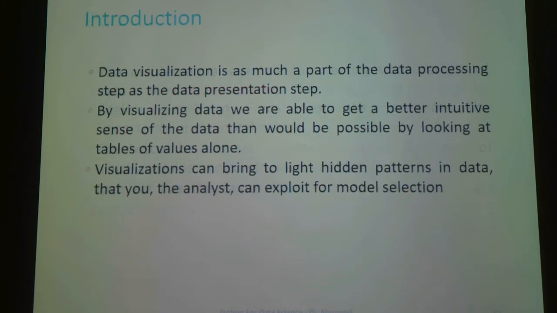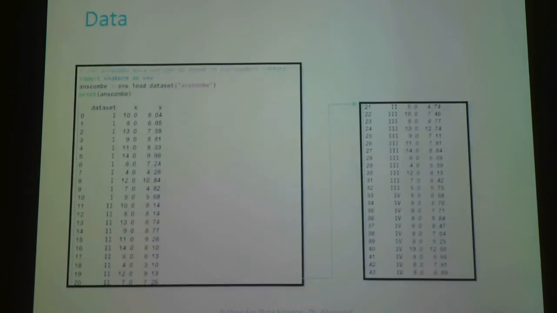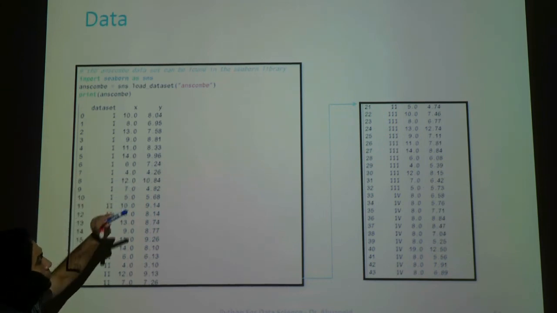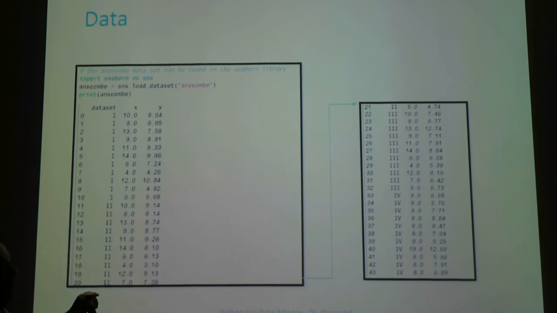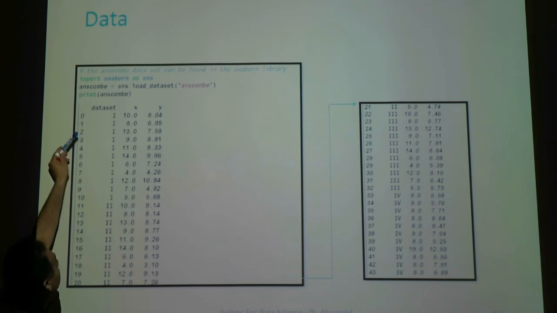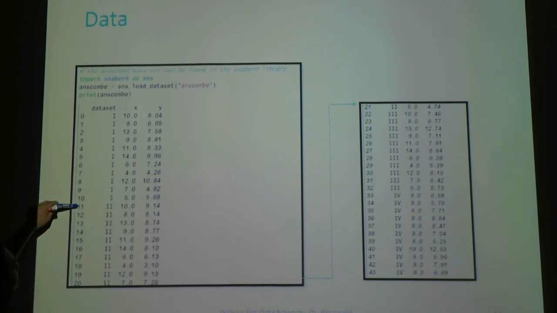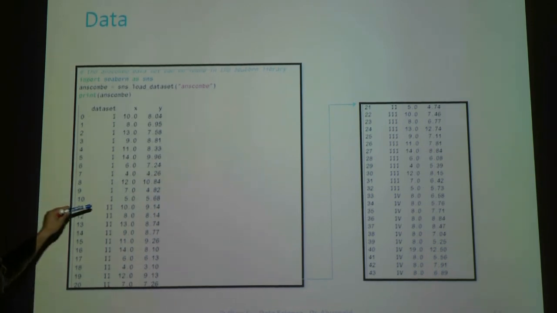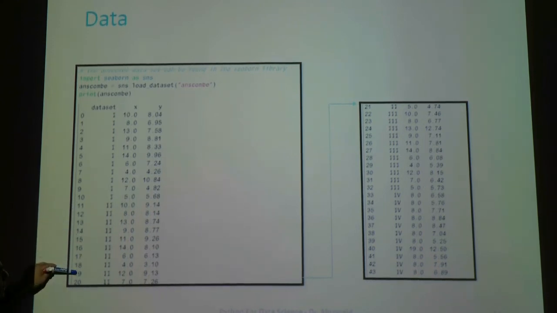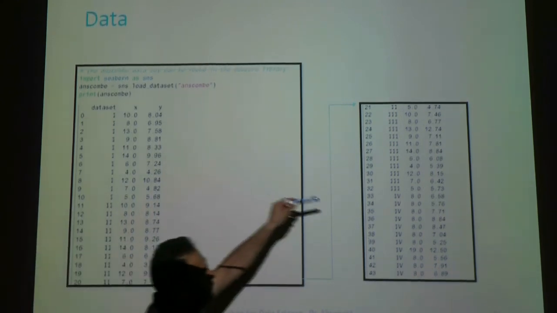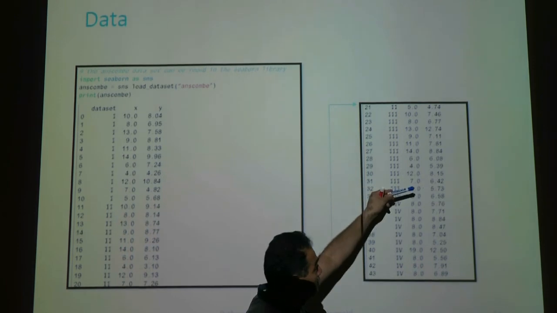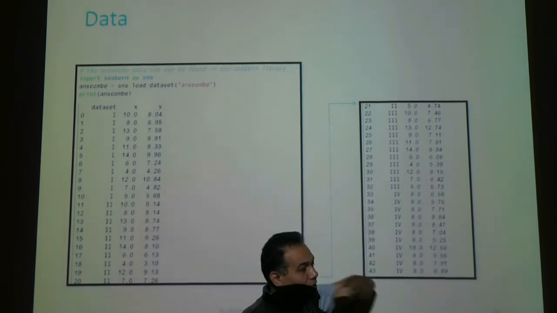All right, these are the data sets. So X and Y, the distance from one side to the other side. Each data set has 11 values. The second data set has 11 values. The third data set has 11 values, or readings. The fourth data set has 11 values.